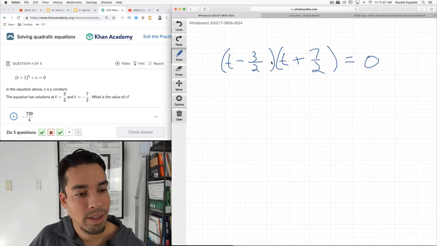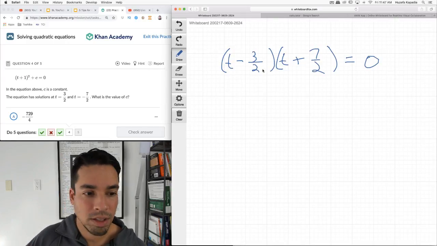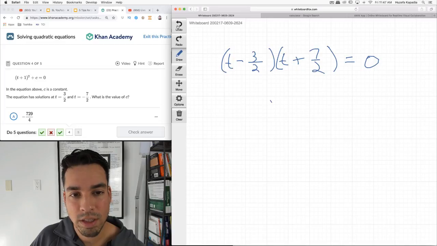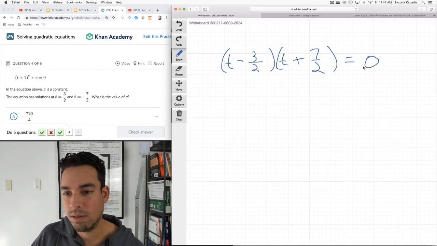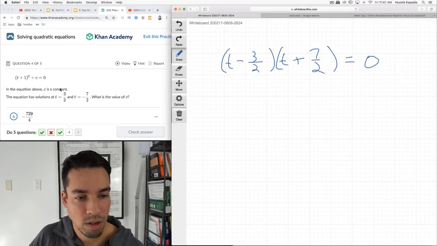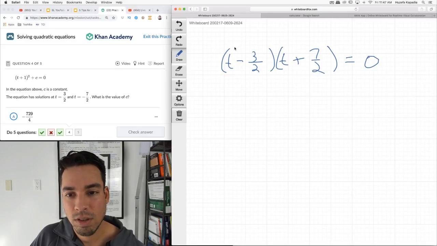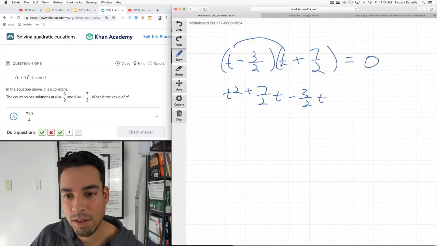Now what I can do is FOIL this and eventually try to get it equal to a t plus 1 squared plus a constant. So let's FOIL this. We get t squared plus 7 over 2t minus 3 over 2t, right?